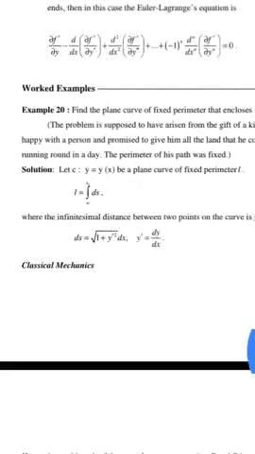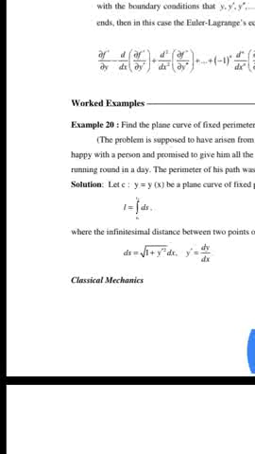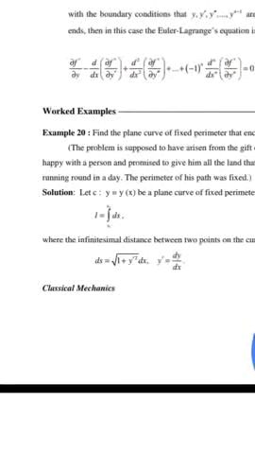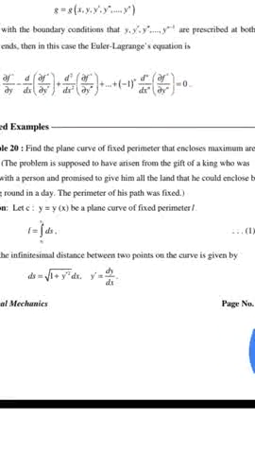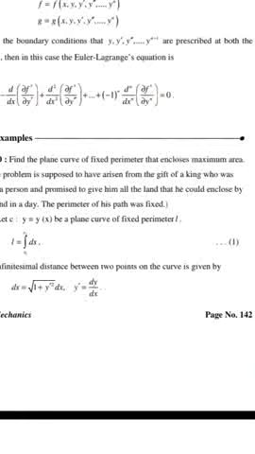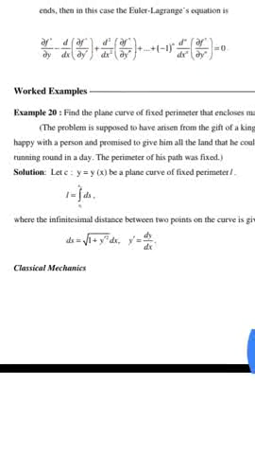The problem is supposed to arise from the gift of a king who was happy with a person and promised to give him all the land that he could enclose by running around in a day. The perimeter of the path was fixed.